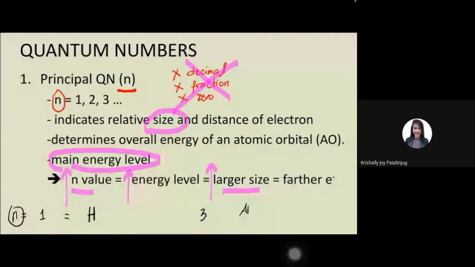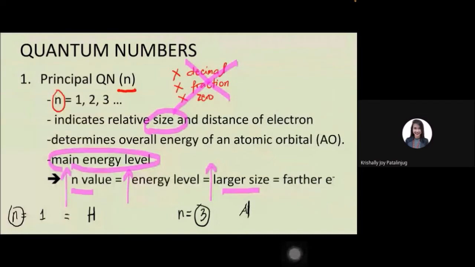I repeat, yung indicator natin to identify the highest energy level of an atom is kung saang period sila makikita sa periodic table. So hydrogen nasa period 1, and n value niya is 1. Aluminum nasa period 3, and n value niya is 3. Now, mas malaki yung n value ng aluminum. Okay? That makes sense.